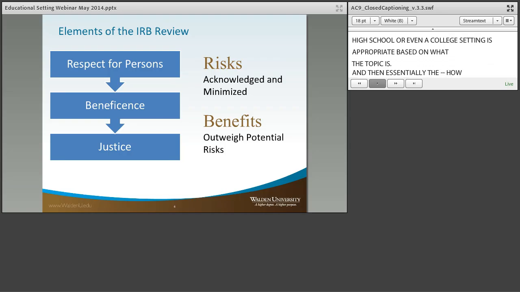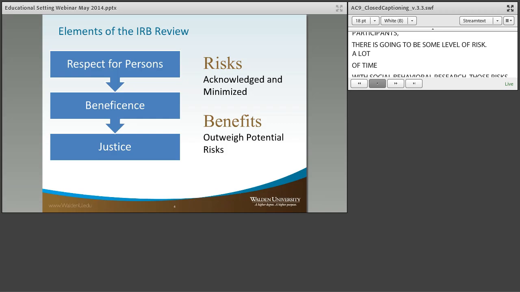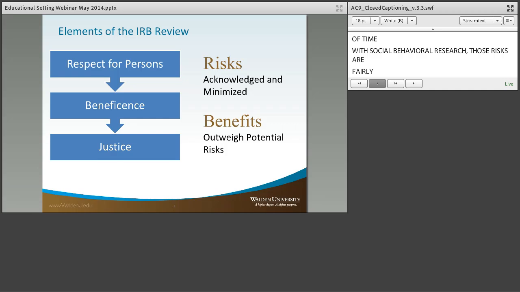And then essentially how these three come into play together is the overarching risk benefit analysis. What it comes down to is the benefits of a study need to outweigh the risks. And really, in any study involving human participants, there is going to be some level of risk. A lot of the time, especially with social behavioral research, those risks are fairly minimal compared to what those participants would experience in real life.